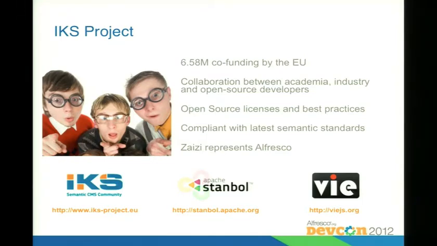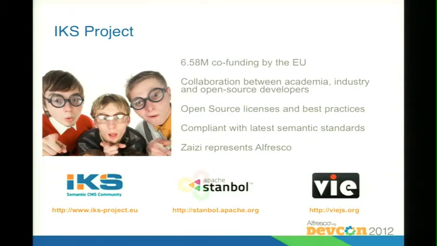Everything that is created in IKS is released with an open source license, and it tries to follow the standards. So we joined the IKS project in 2010. The IKS project is going to finish by the end of this year, but it has been very successful.